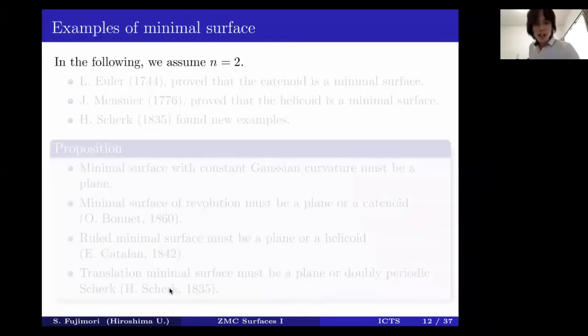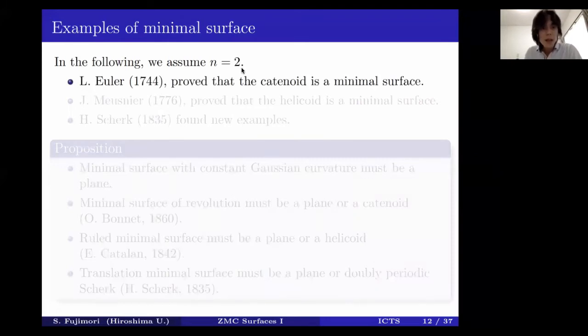Now I will show some examples of minimal surfaces. And now we assume that n equals 2. I think the first non-trivial minimal surface was found by Euler, and he found the catenoid in 1744.